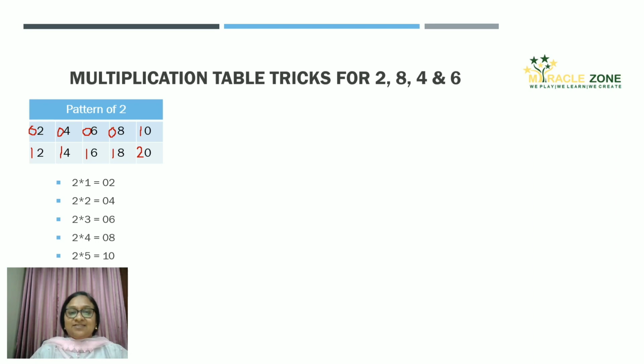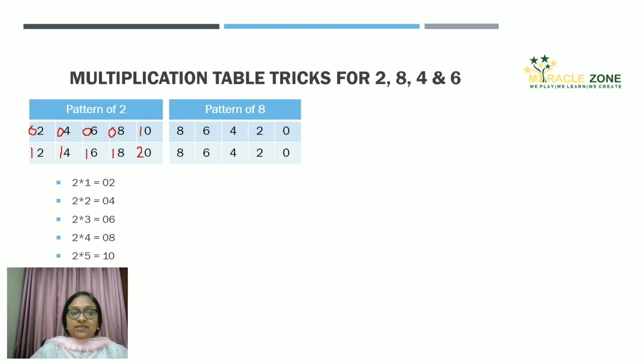Now we will see the pattern for 8. Same like 2, but it is from 8 to 0: 8, 6, 4, 2, 0. So here it is 0. If the next number is less than the previous number, you have to increment by 1.